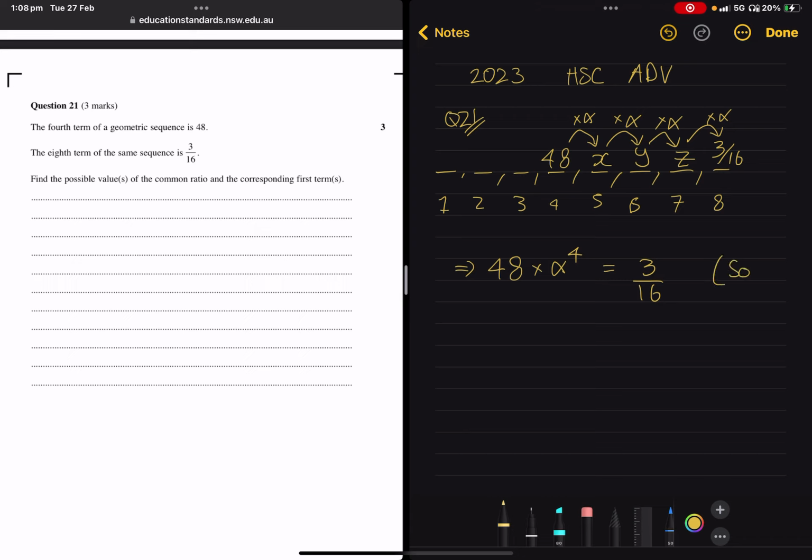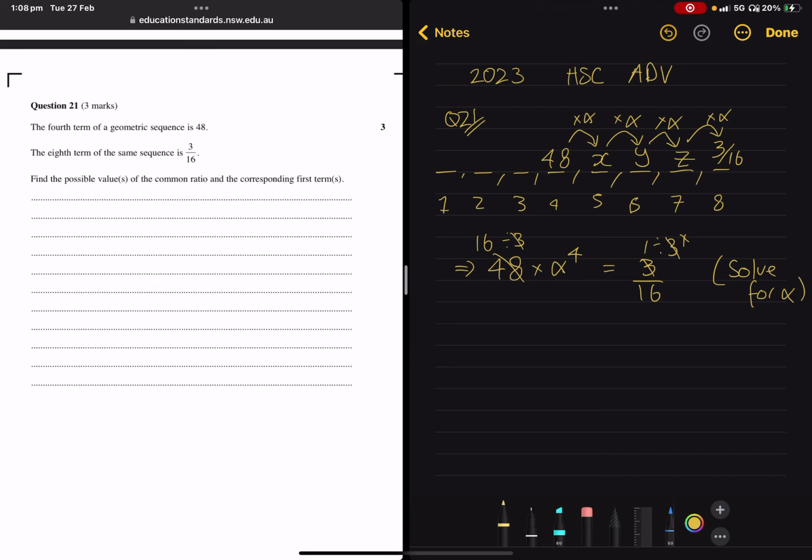Now we want to solve this for alpha. When we solve this for alpha, this will tell us what the common multiplication ratio is. So I'll divide both sides by 3 first. This becomes 1. 48 divided by 3 is 16.